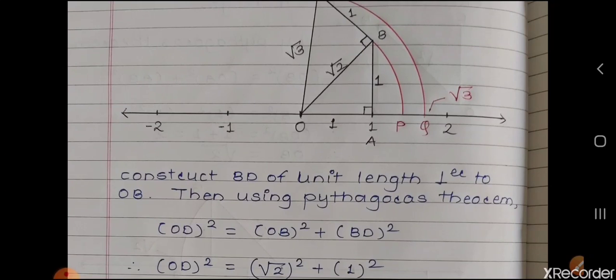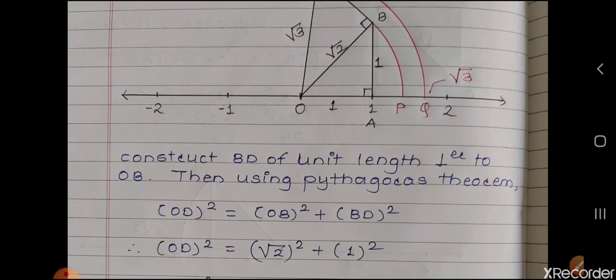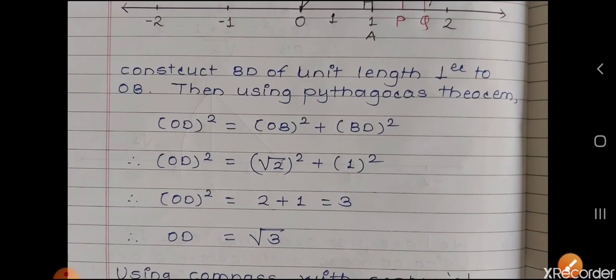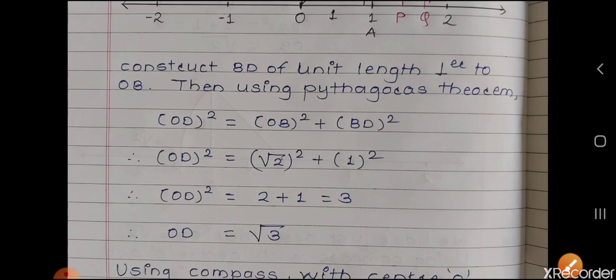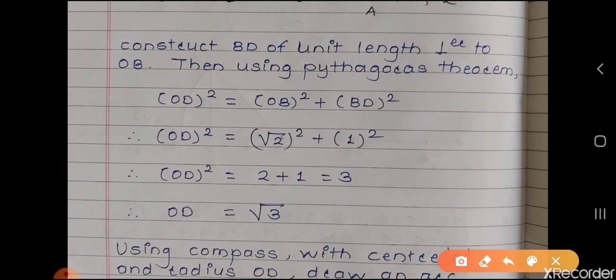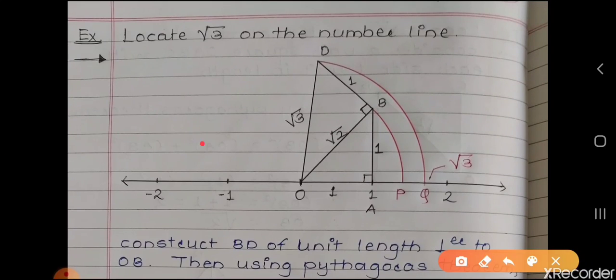We know that OB is equal to square root of 2, therefore OD square is equal to square root of 2 square plus BD square, which is 1. Square root of 2 squared is 2, and 1 squared is 1, so 2 plus 1 is equal to 3. Therefore by taking positive square roots on both sides, we get OD is equal to square root of 3.